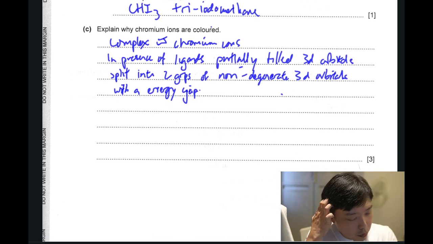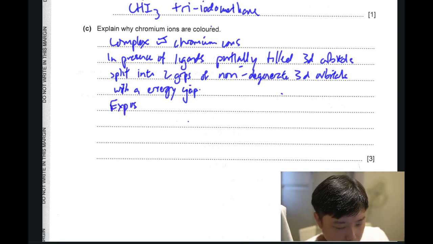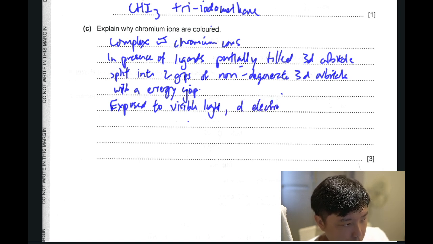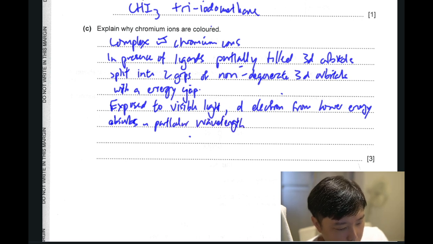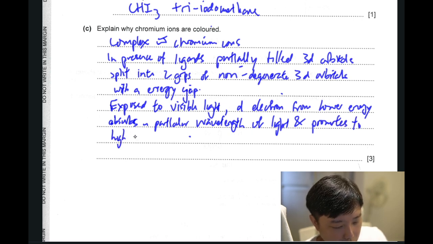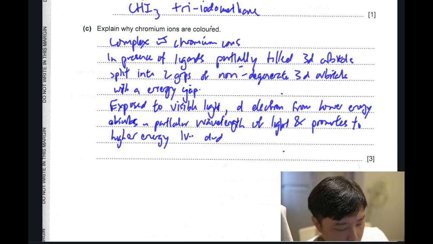Then when exposed to visible light, the electron from the lower energy level absorbs a particular wavelength of light and is promoted to a higher energy level. So this is d-d transition.